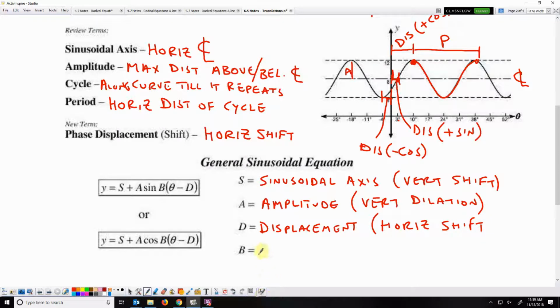And B is 2 pi over the period. It's also good to know that the period is 2 pi over B, and that will be the horizontal dilation.